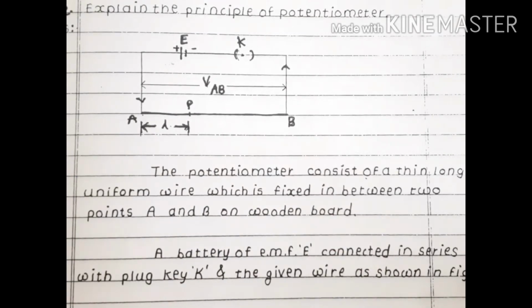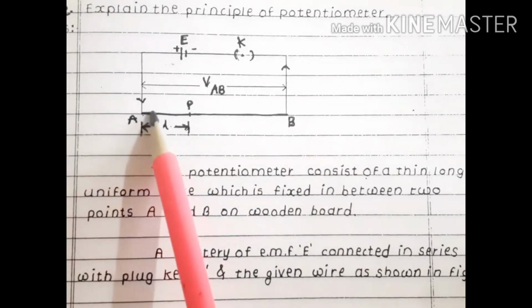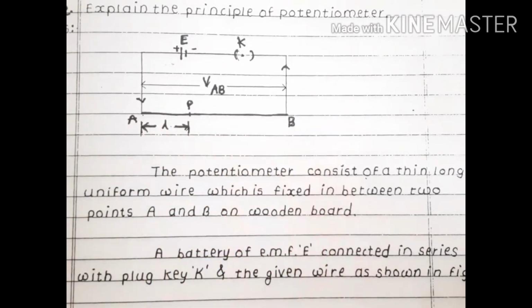Let capital L be the length of this wire AB, and capital R be the resistance of this wire AB.